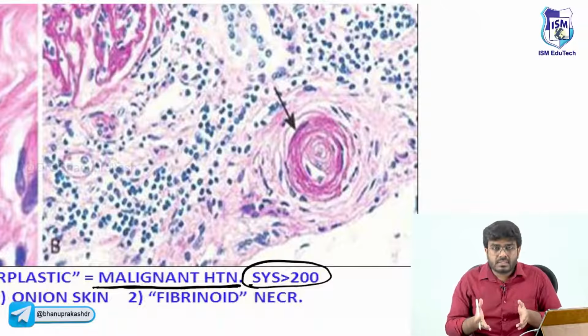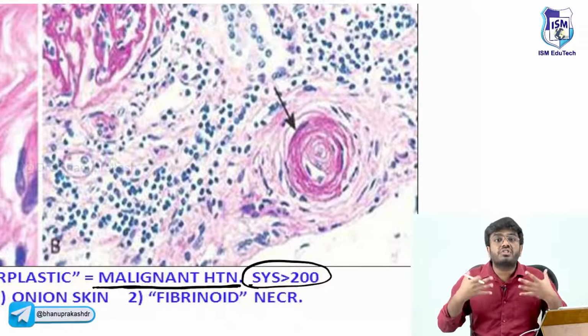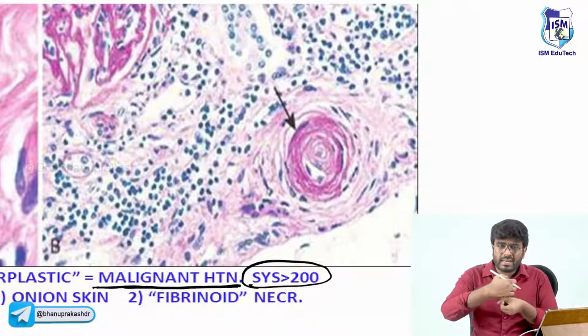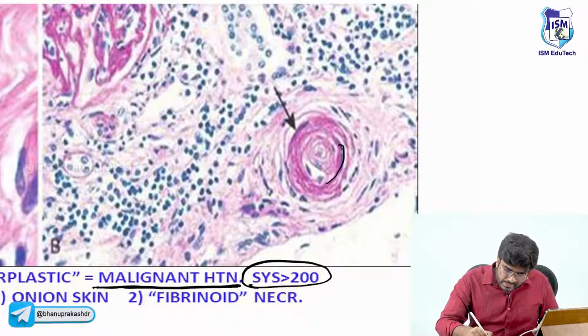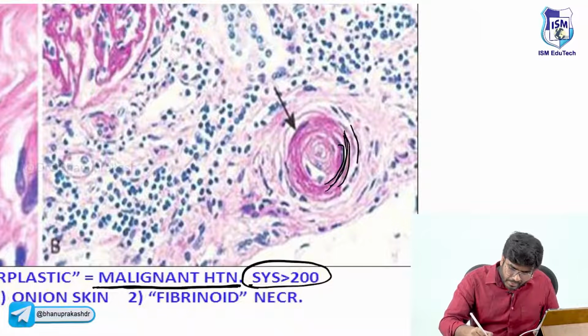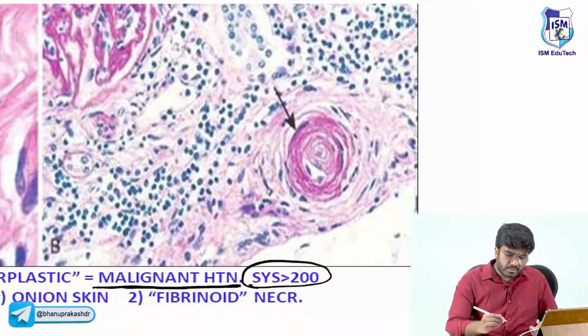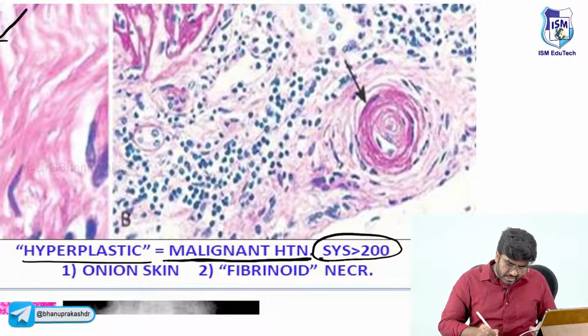To prevent this and encounter such stress, the smooth muscles in the blood vessel are dividing and forming an onion skin kind of appearance. Many layers are there, hence hyperplastic. This is called hyperplastic arteriosclerosis, where you will see onion skinning.